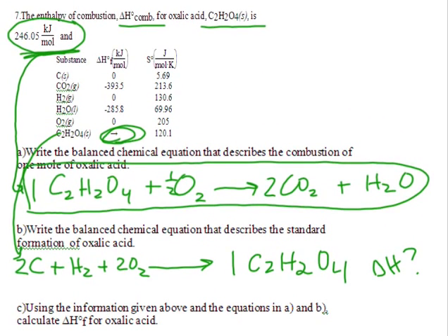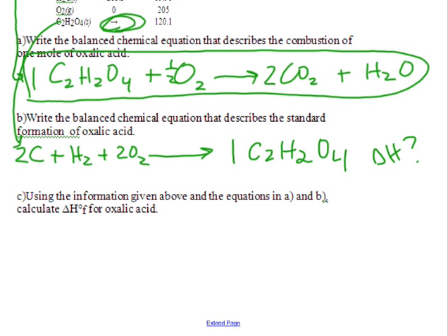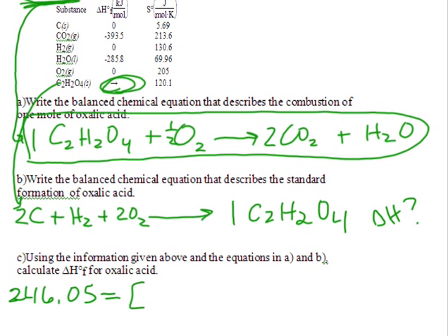246.05. That's the combustion is equal to, and I got to do the combustion equation. Don't try to set up anything other than the combustion equation, don't do that with the formation equation. 1 times, do we know this? Oops, nope, see, there we go. I went ahead and almost did it.